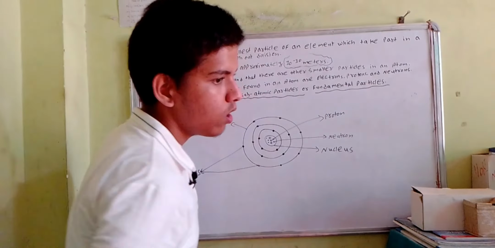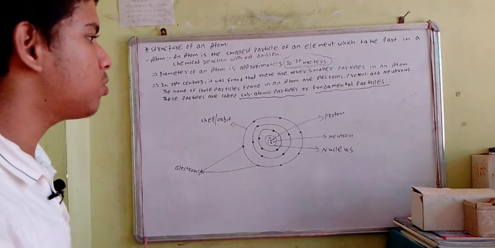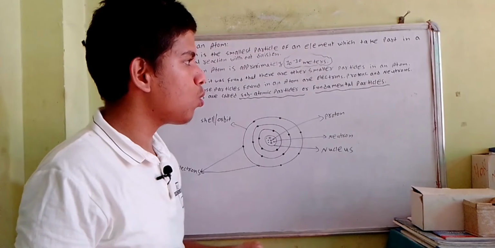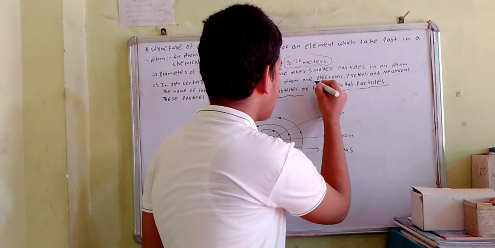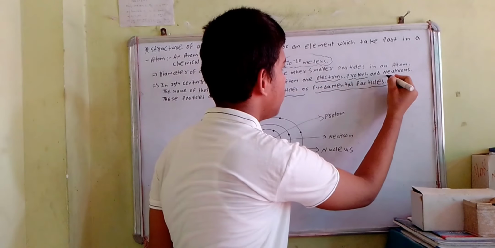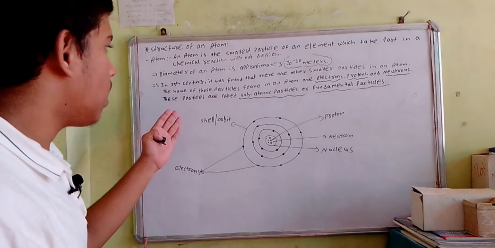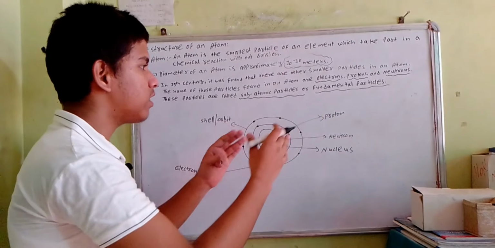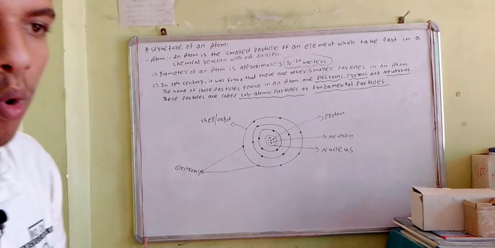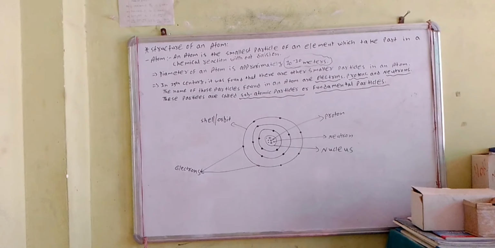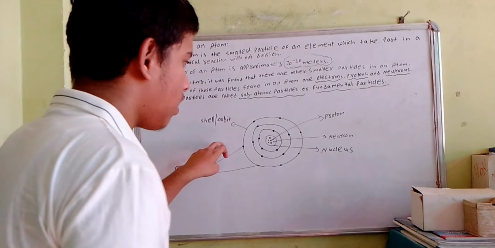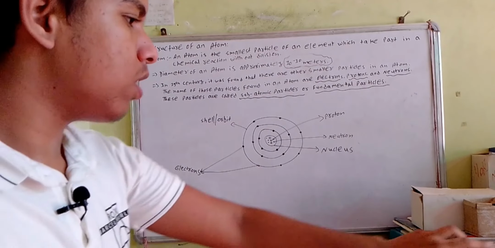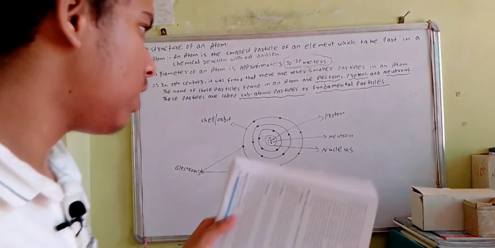So these particles, electrons, protons, and neutrons, are called what? Subatomic particles or fundamental particles, right? And here you can see that this is the structure of an atom, right? So let's talk about this now.